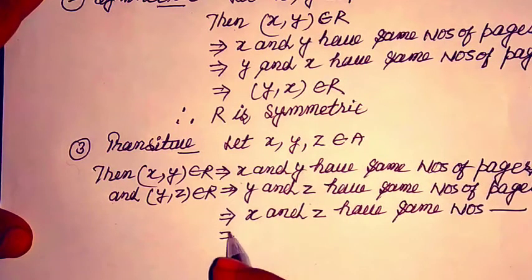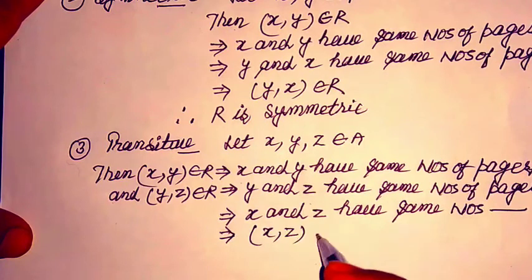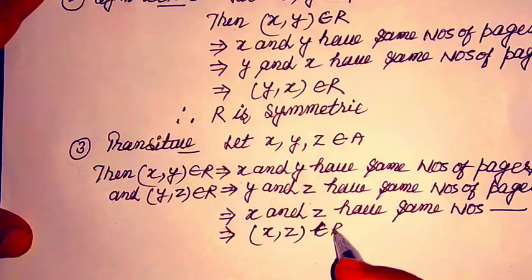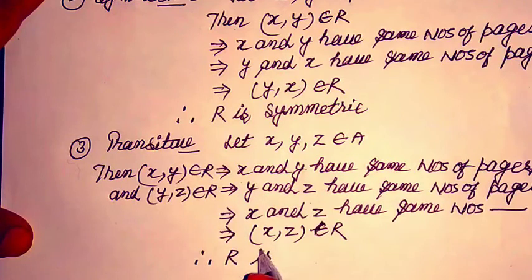So this implies (x, z) belongs to R. Therefore R is transitive.